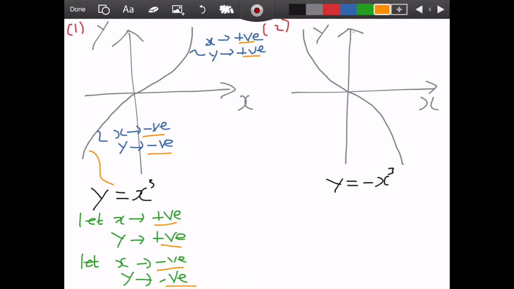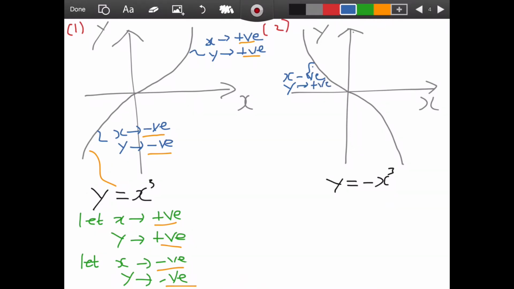So let's look at graph number 2. Let's look at the quadrants first. In this quadrant, when x is negative, y is positive, right?